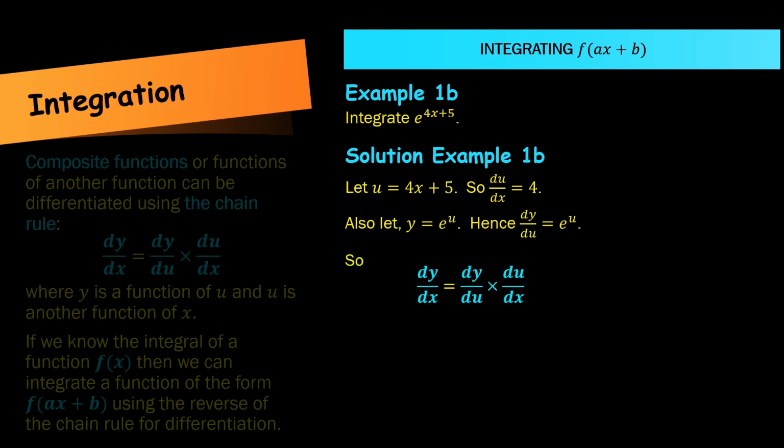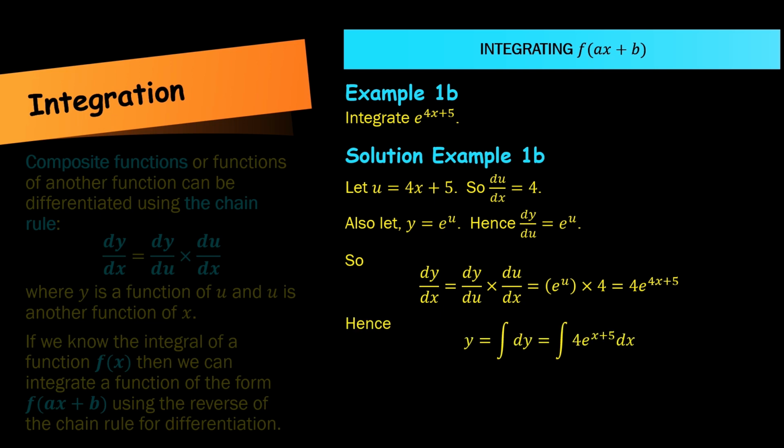Again, we apply the chain rule to give us dy/dx equals e to the power u, which takes the place of dy/du, times 4, which takes the place of du/dx. And this is equal to 4e to the power 4x plus 5.